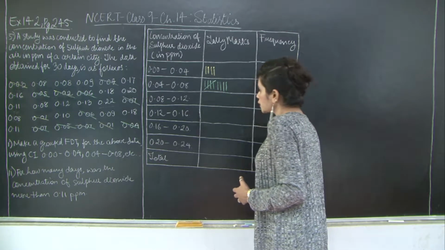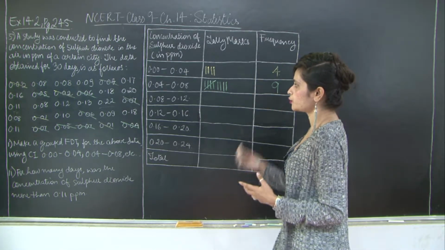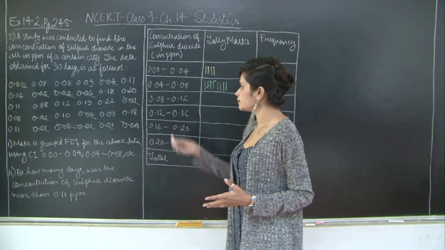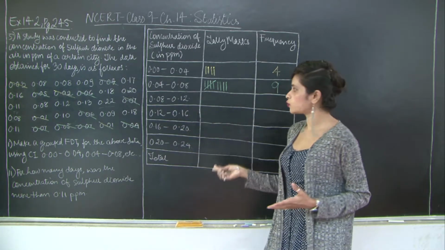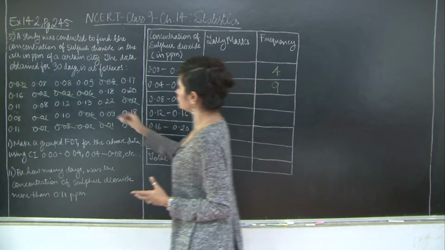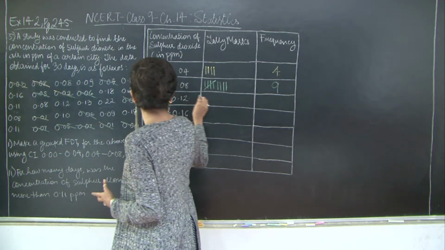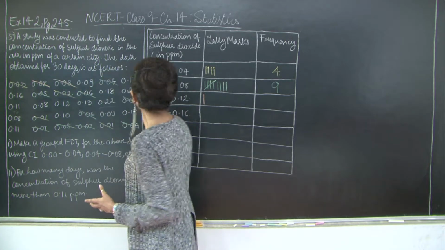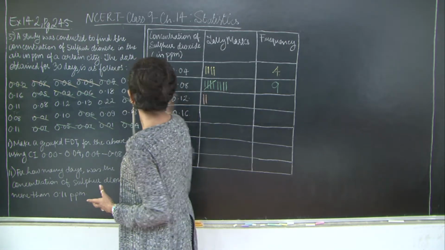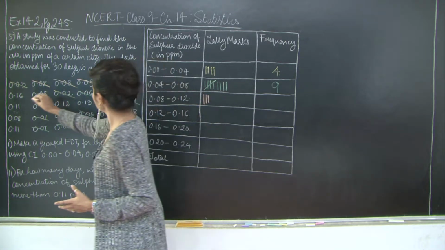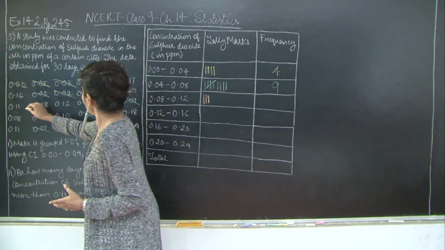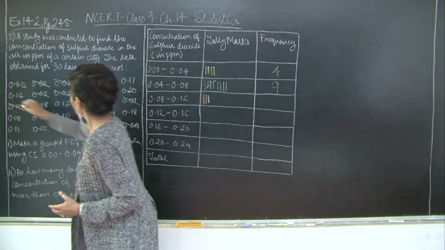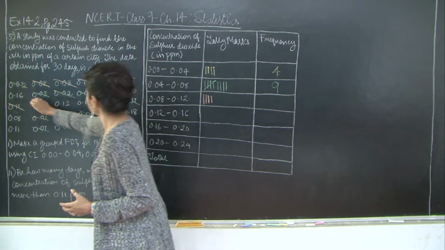Let's proceed with the third category, 0.08 to 0.12. Again the same criteria, values greater than or equal to 0.08 and less than 0.12. So you have 0.081, 2, 3, 4, then 5.